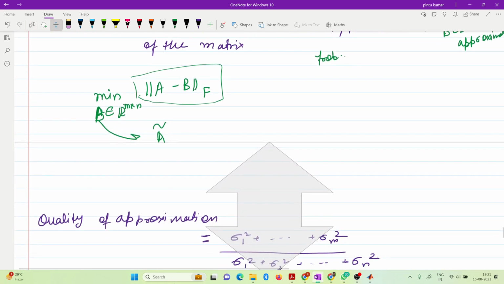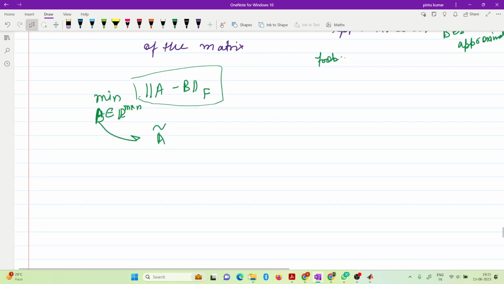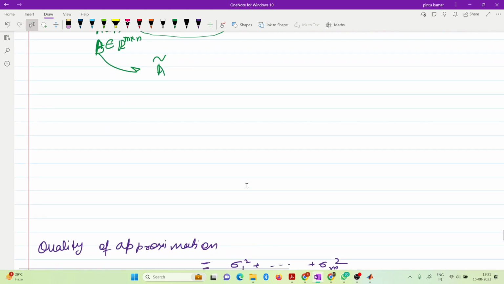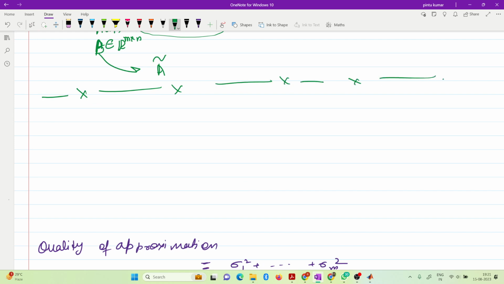you got an approximation for A, right? So you got A tilde, which is an approximation to A. So why do you want this approximation via SVD? You want that because there is a very famous theorem which says that if you find A tilde via the method that I mentioned, that is the best approximation.